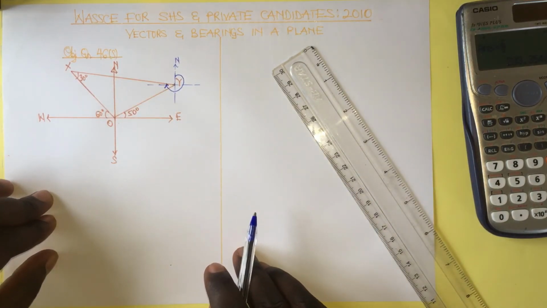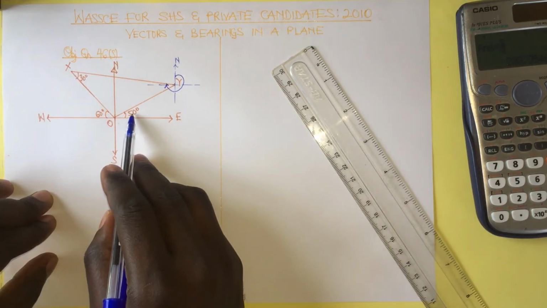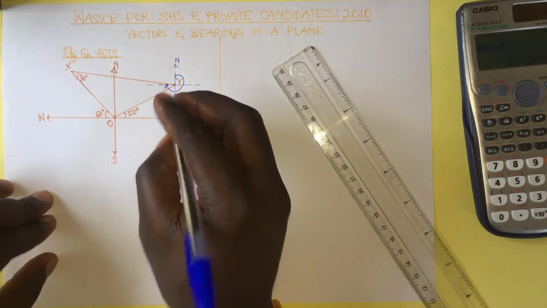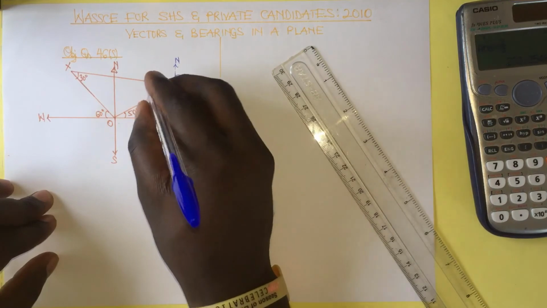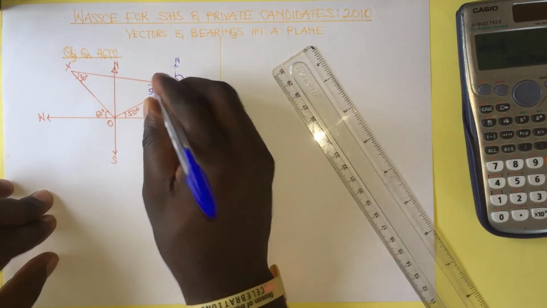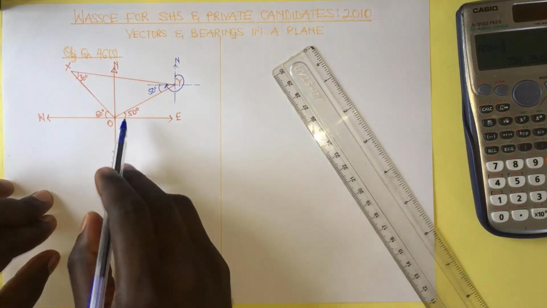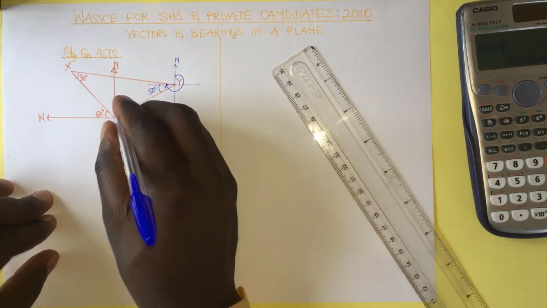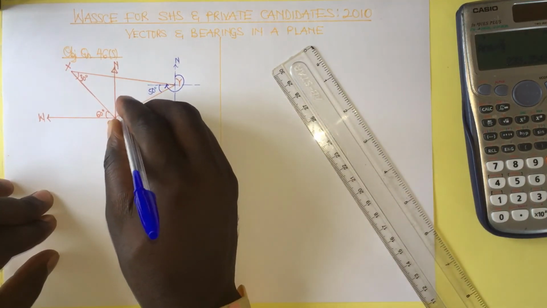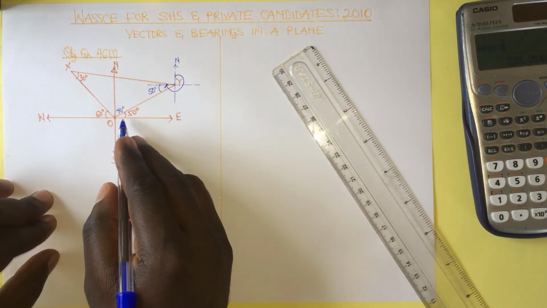Alright. It is clear that if this angle is 50 degrees by alternate angles, this angle will also be 50 degrees. Alright. And again, if this angle is 50, this angle will be 40 degrees. Because 40 plus 50 will give you a right angle, which is 90 degrees.